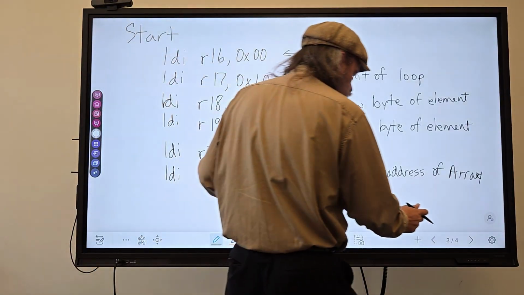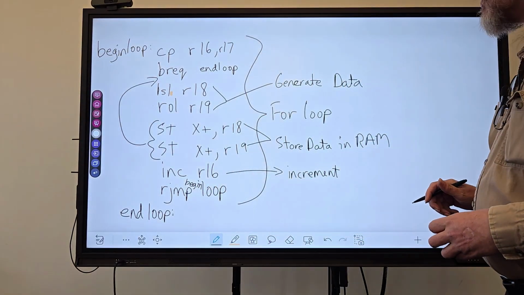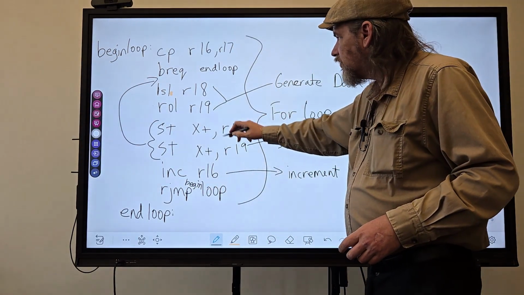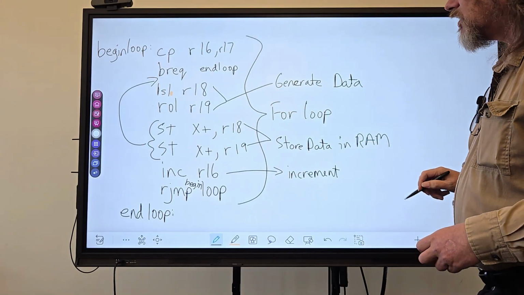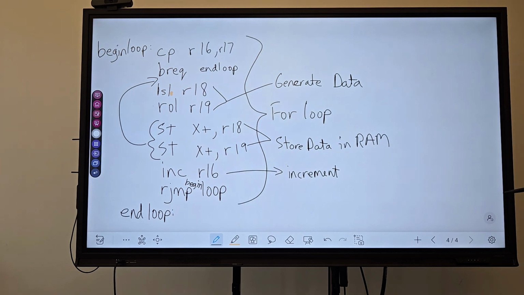So put the store before the logic shift and rotate left of R18 and R19. And that should populate your array.